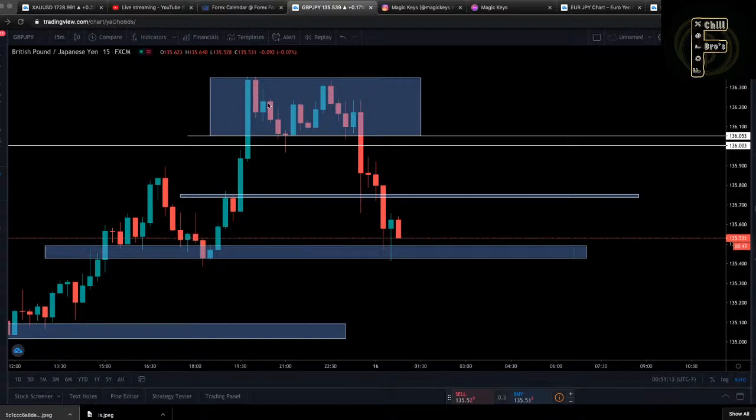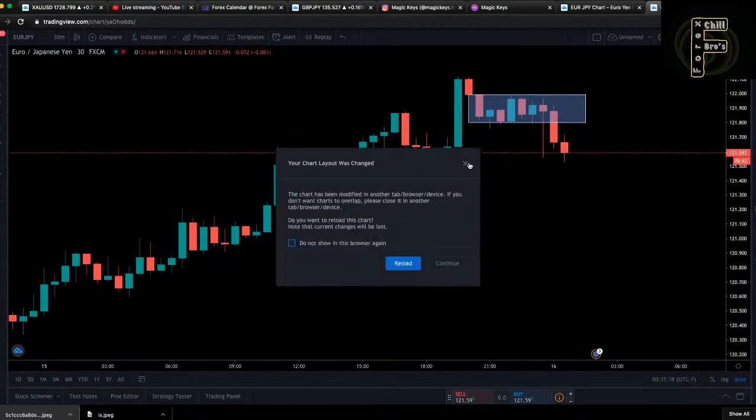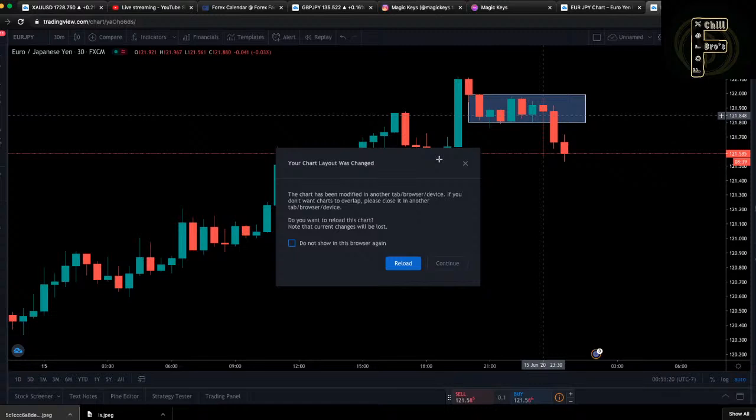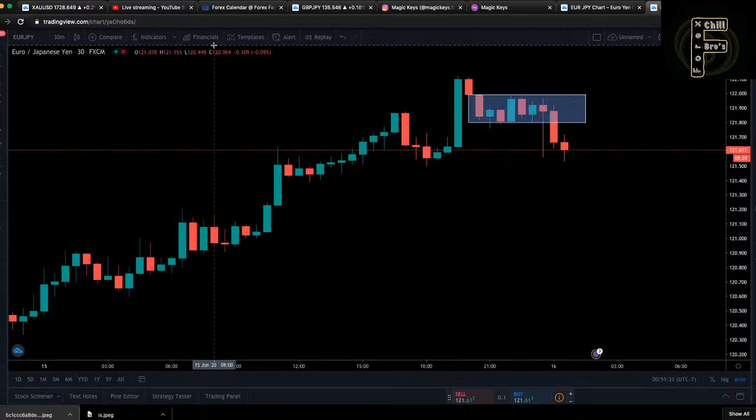Barry showed the way, closing in 8 minutes. What's EJ doing? Let's see. We're bearish.